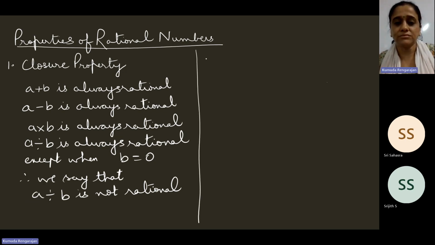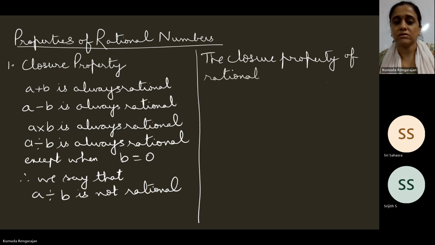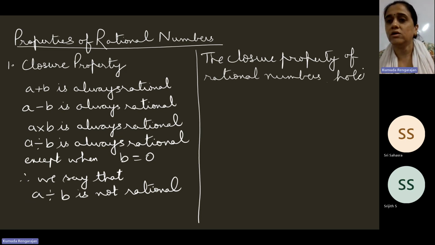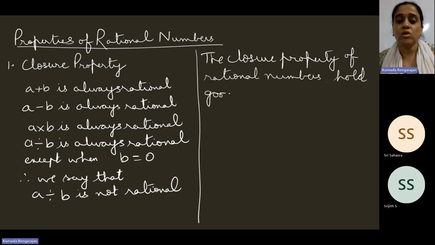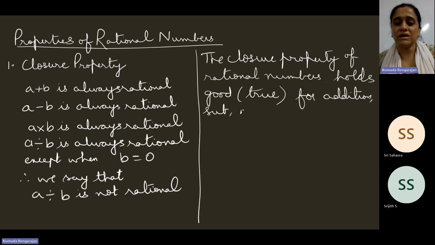Okay. The closure property of rational numbers holds good or holds true for addition, subtraction, multiplication.